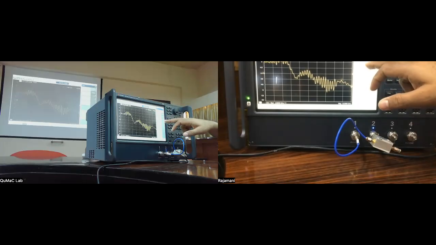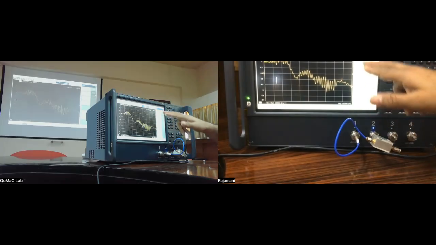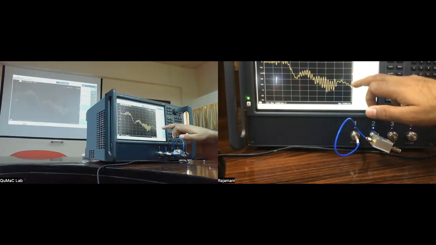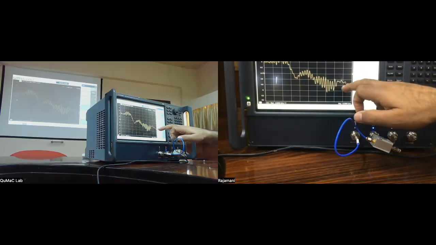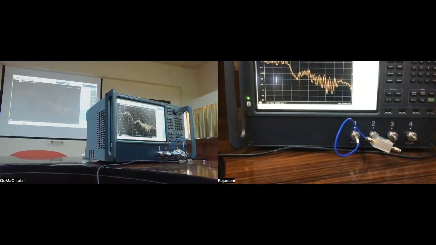Now, even though I asked you which port to measure, because it's a passive device, we know it should be reciprocal. So it should not really matter whether I measure S12 or S21, and they are mostly the same. Again, I want to emphasize that S12 and S21 are actually two independent parameters of a network.